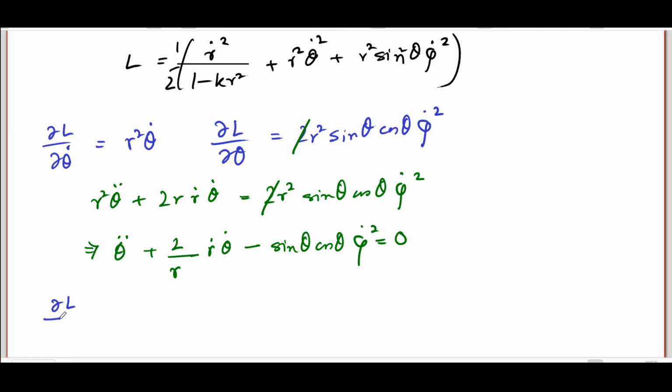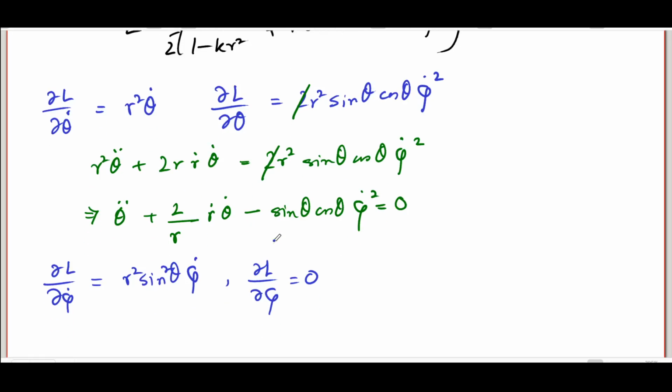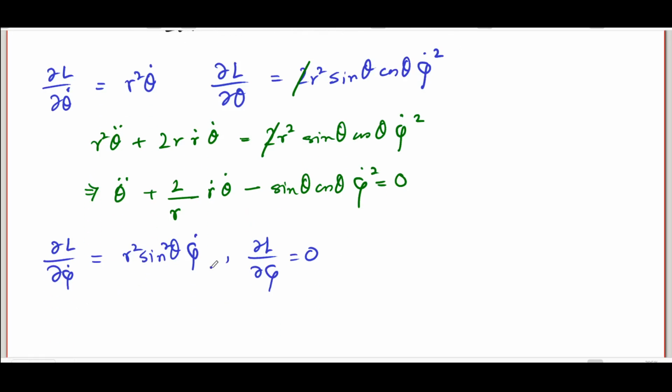So ∂L/∂φ̇ is r² sin²θ φ̇, and phi is what we would call a cyclic coordinate in mechanics. There is no phi in this expression, so ∂L/∂φ is simply 0. So the time derivative of this, well, I'm calling it time simply because we are used to calling it time in Lagrangian. This is just any parameter which parameterizes the geodesic.